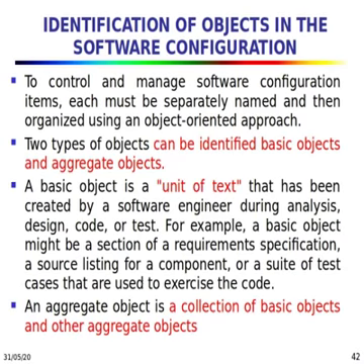For example, a basic object might be a section of requirement specification, a source listing for a component, or a suite of test cases that are used to exercise the code. An aggregate object is a collection of basic objects and other aggregate objects.